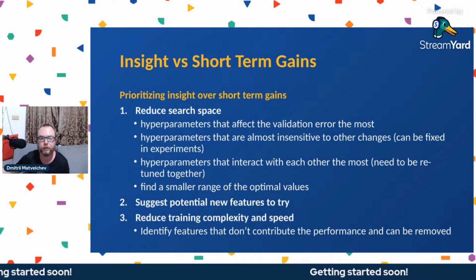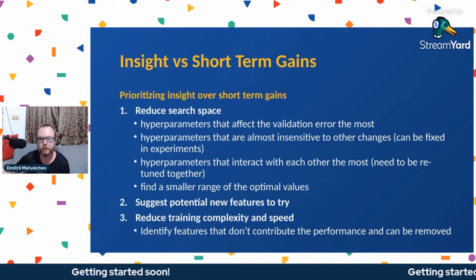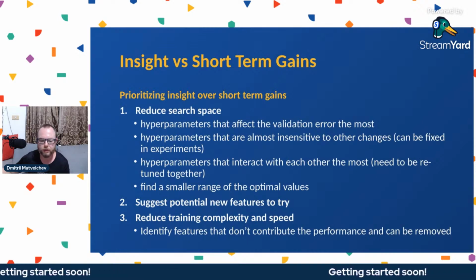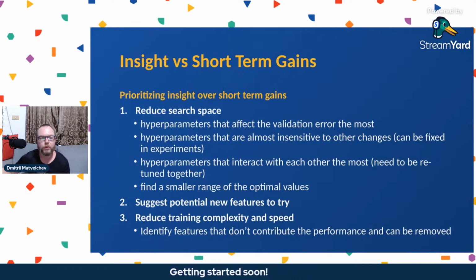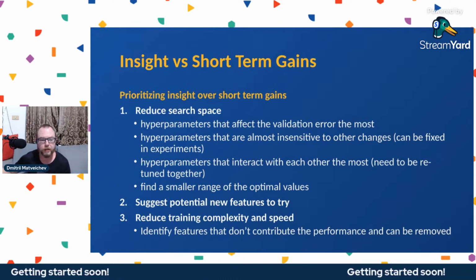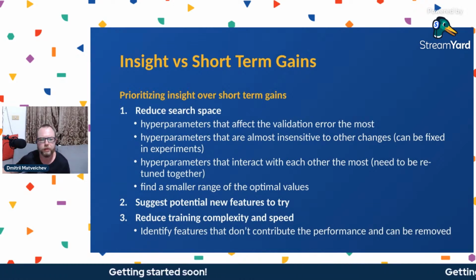So insight, or short-term goals versus long-term goals. If you prioritize gaining insight over your problem and over short-term gains, you will, again, as I said before, reduce the search space, and you will reduce the search space of all hyperparameters in 4 different ways.